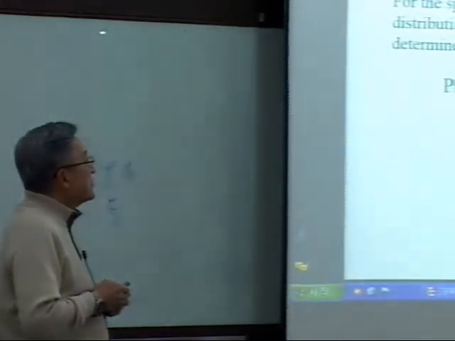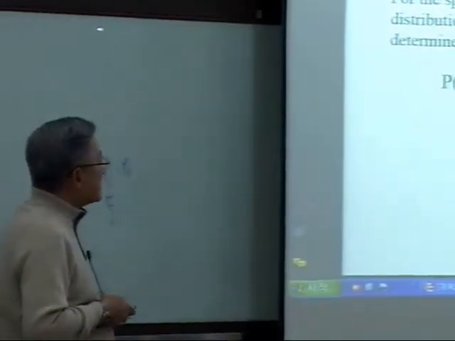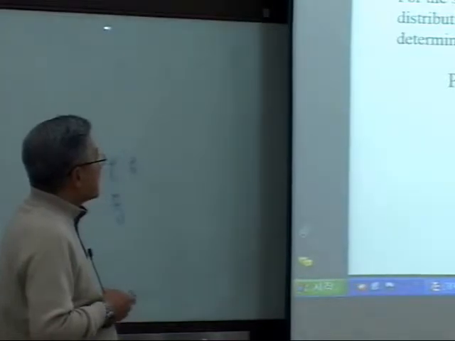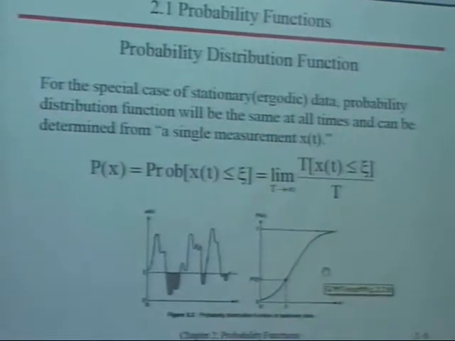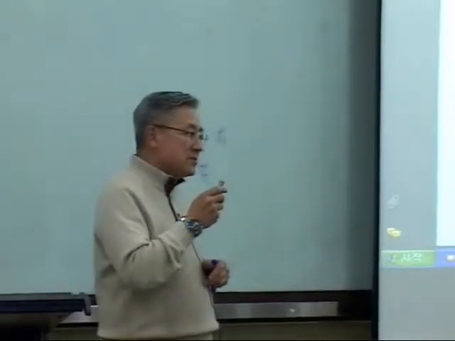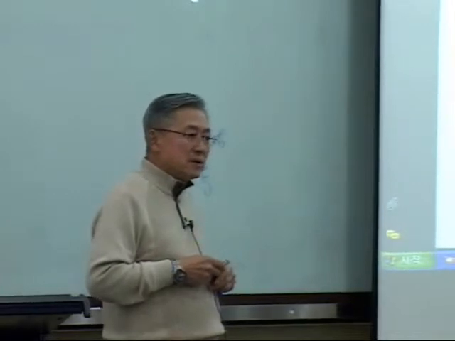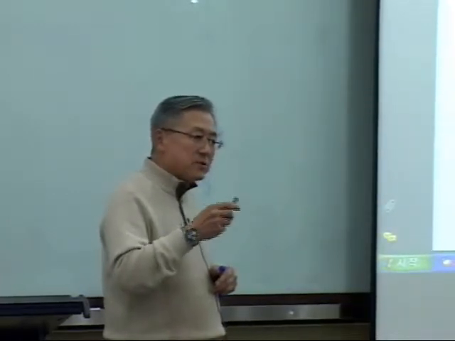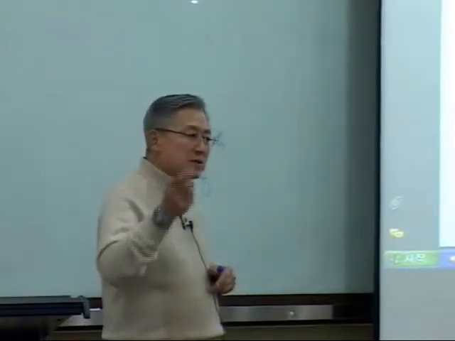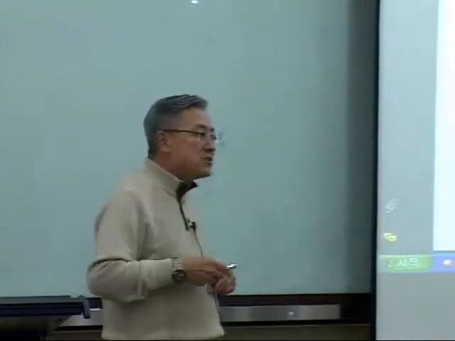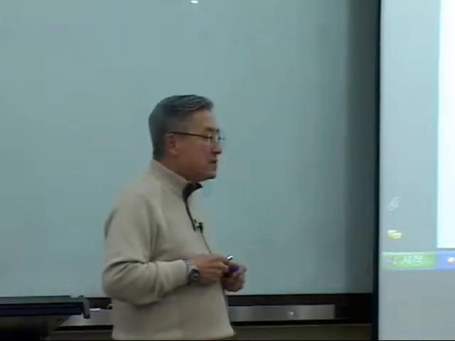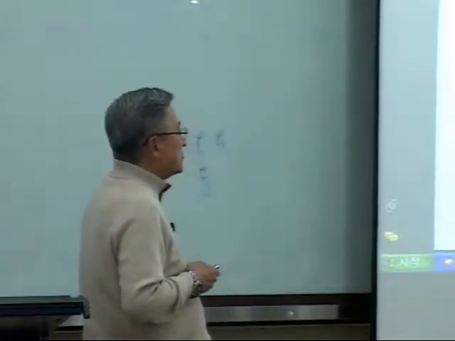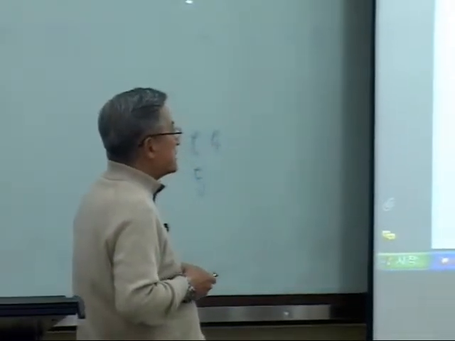And as you look at it here, there is a wording, ergodic. What does it mean, ergodic? One sample record, the statistical property of one sample record, implies the whole ensemble, the group of sample records.